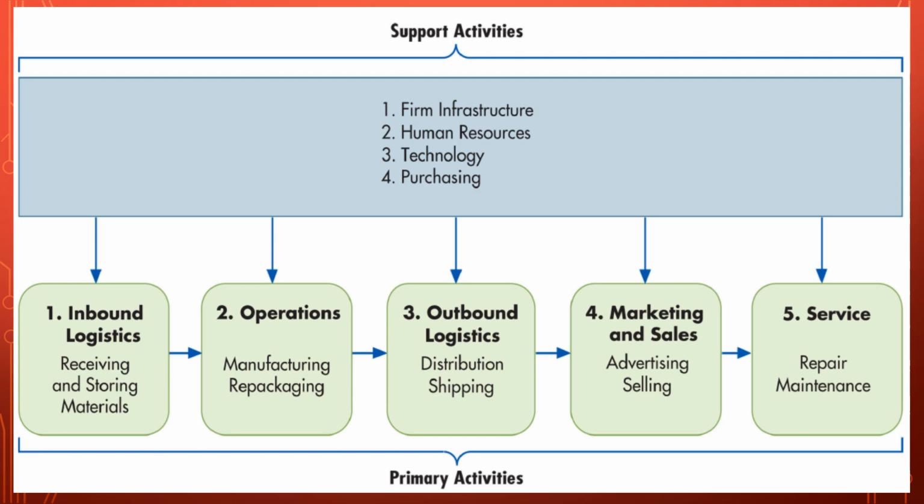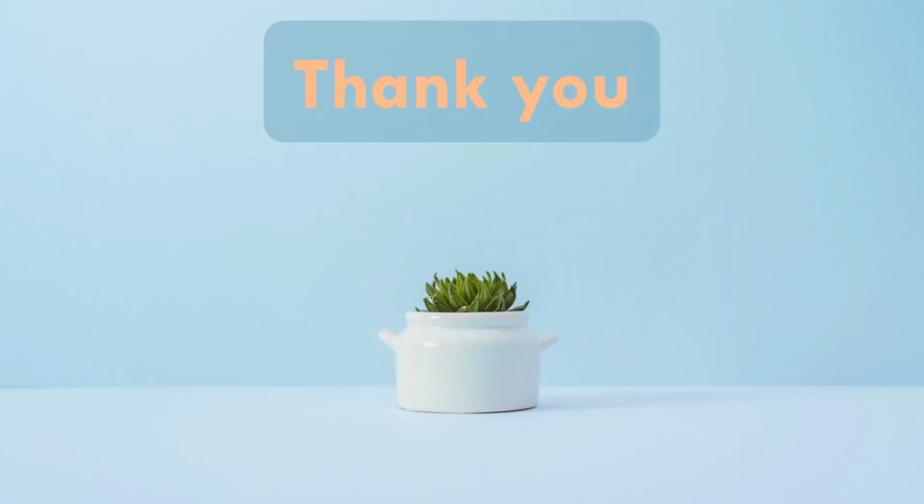Those are activities which are considered primary activities, whereas firm infrastructure, human resource, technology, and purchasing are all supporting activities. So in the REA approach for modeling, it will assist the managers to distinguish between those activities, whether they are primary or support.